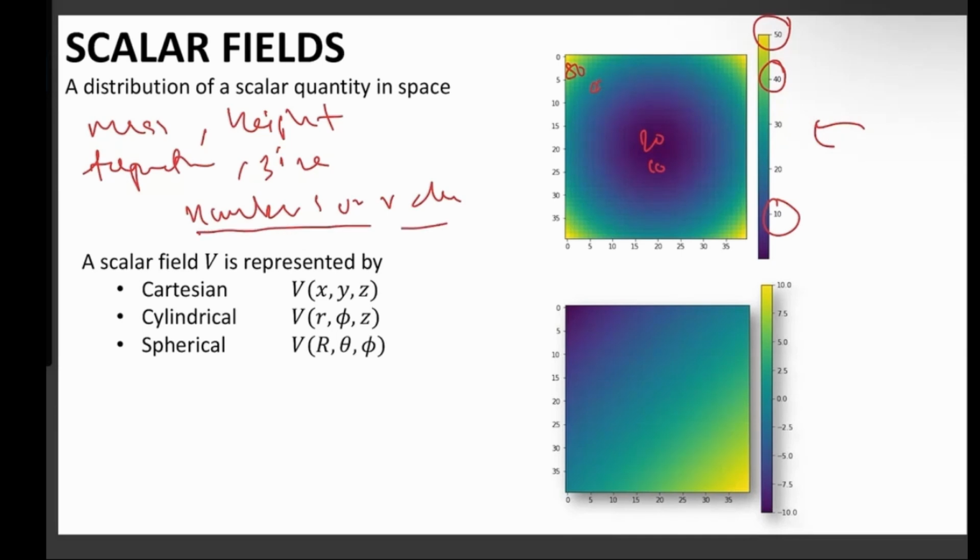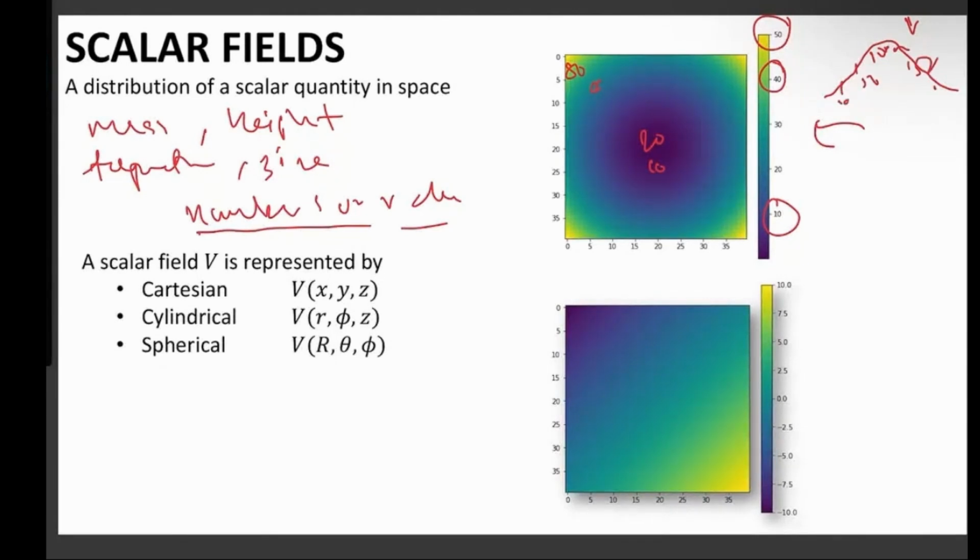For example, let's say we have a mountain. So the mountain will be like this. When we look from the top of the mountain, we will see like this. This is the highest top one, let's say 100 meters. Then 50 meters, 10 meters.